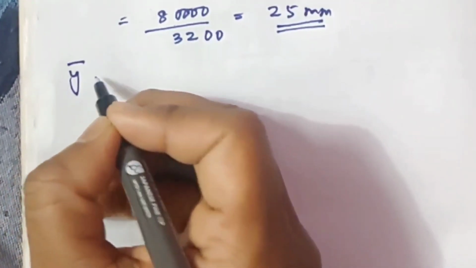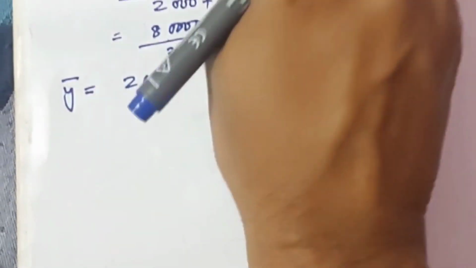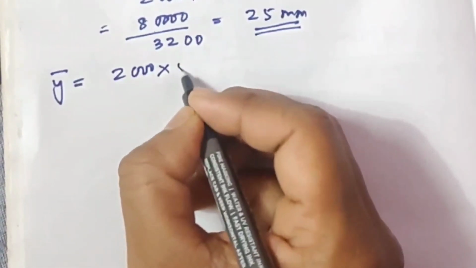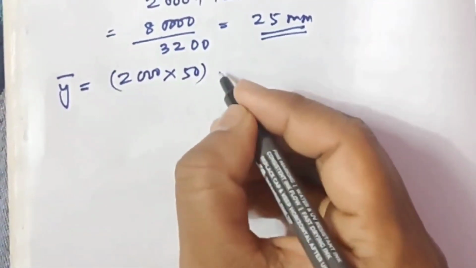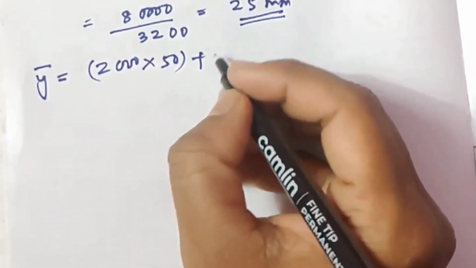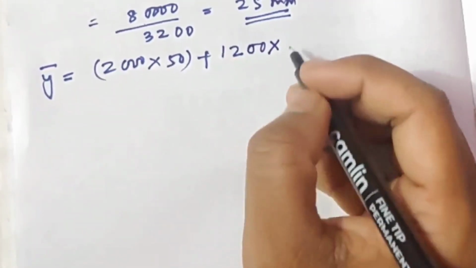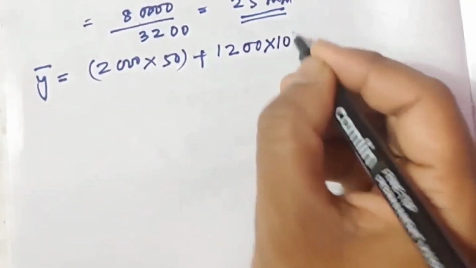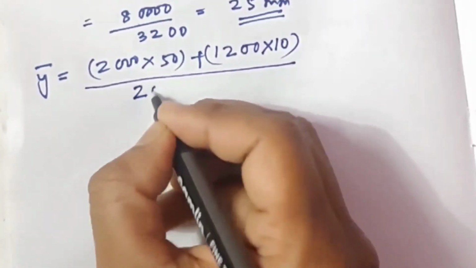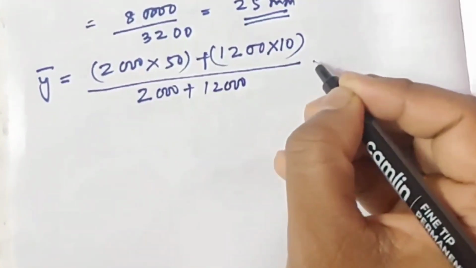Now y bar. Y bar is equal to a1 into y1, which is 50, plus a2, our 1200, into y2, that is 10 mm, divided by a1 plus a2.